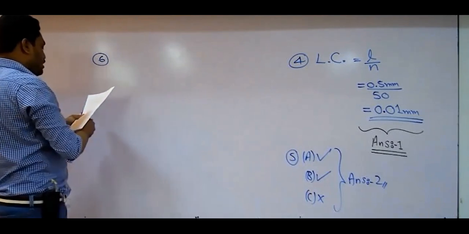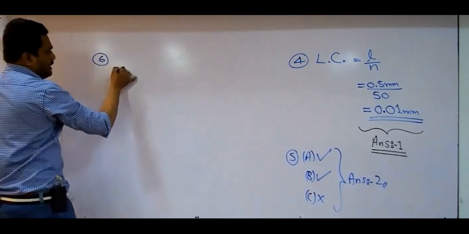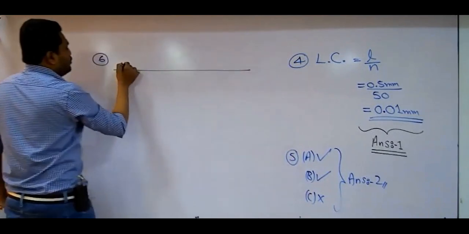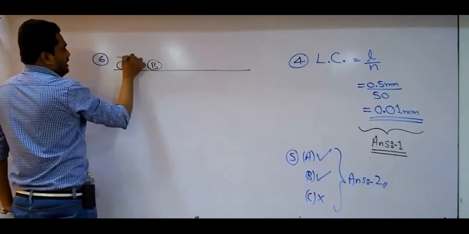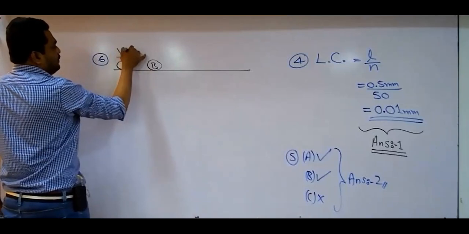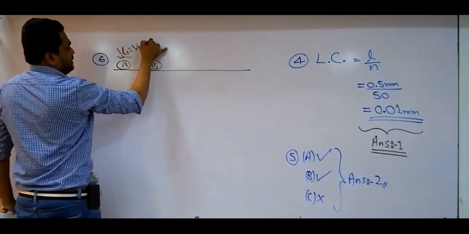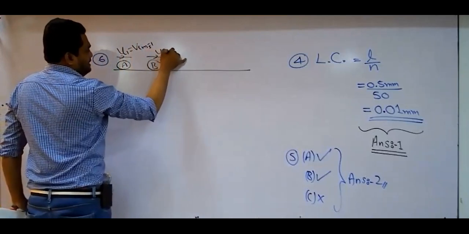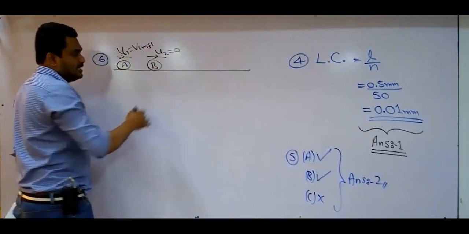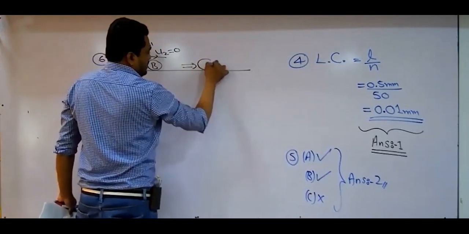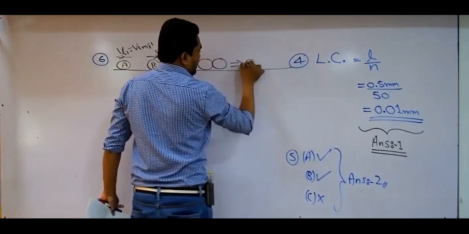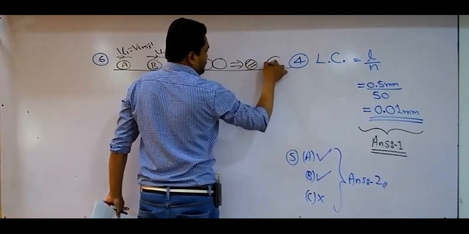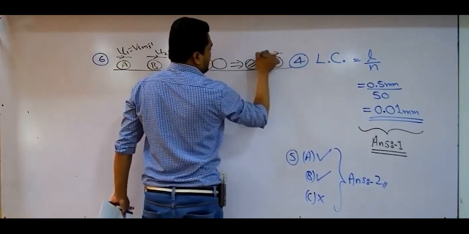Write a ball A of mass M. Look at the board here. There are two balls, A and B. A is moving with the velocity of V meter per second. B is at rest. They collide. After the collision, A moves with a certain velocity, B moves with a certain velocity.